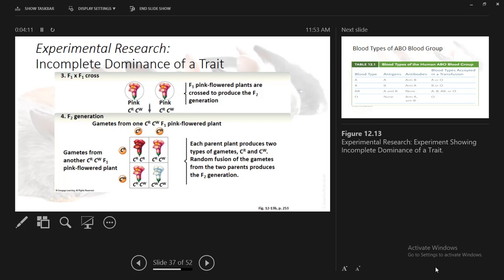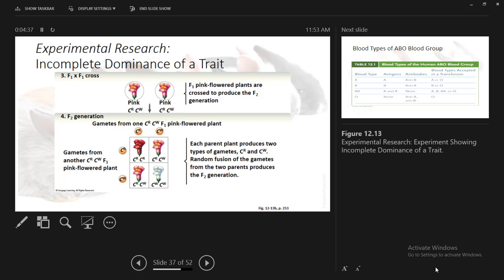So they didn't blend out, it's just when you have red and white together, you get a mix of the two. But they didn't blend out. It's not like they disappeared, the traits reappeared, but only in the homozygous individuals. Homozygous individuals for the red trait have red flowers. Homozygous individuals for the white trait have white flowers. Heterozygous individuals have a pink flower because the red can't completely dominate the white.